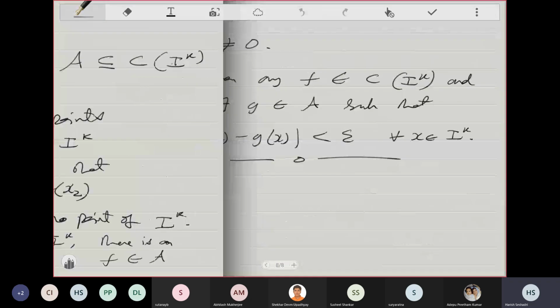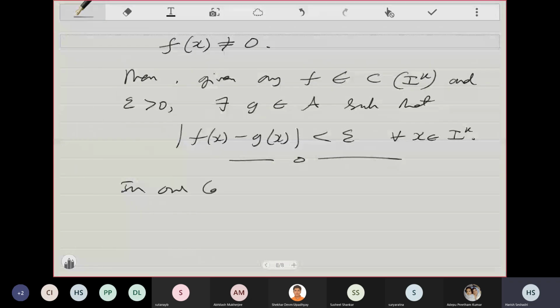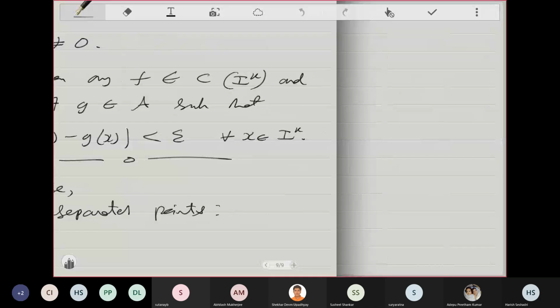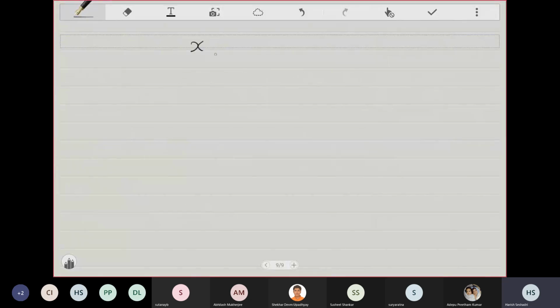So let's see that in our case, A separates points. Let's take two points, x1. No, let me use different notation now.